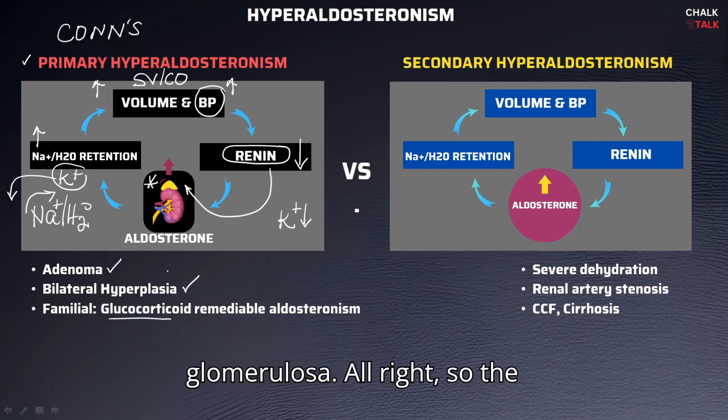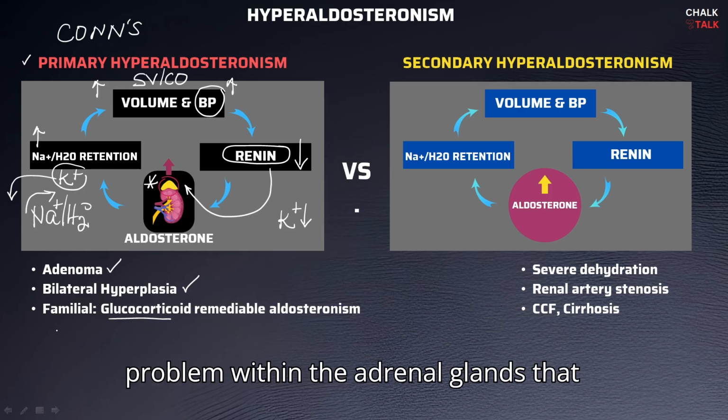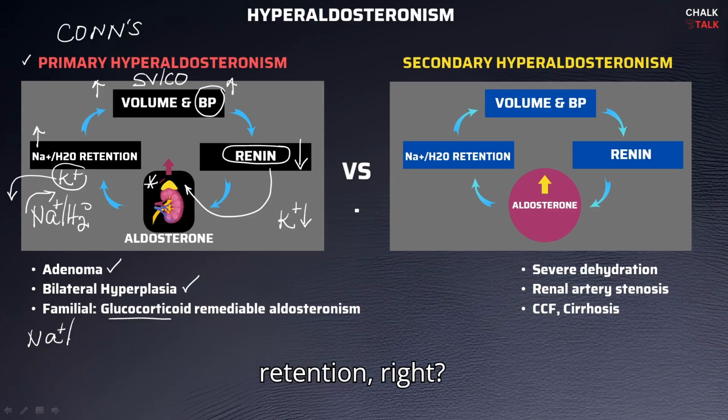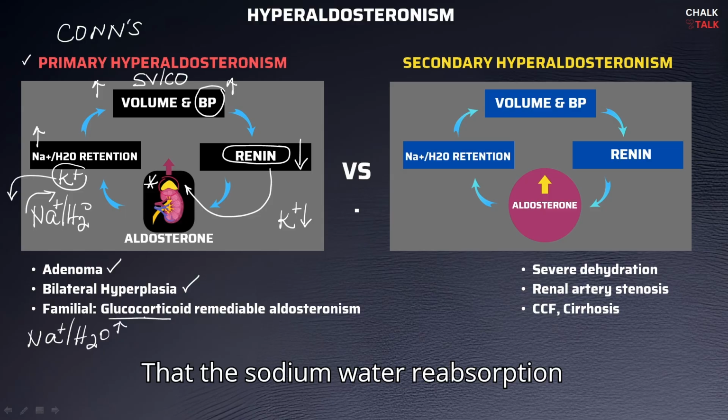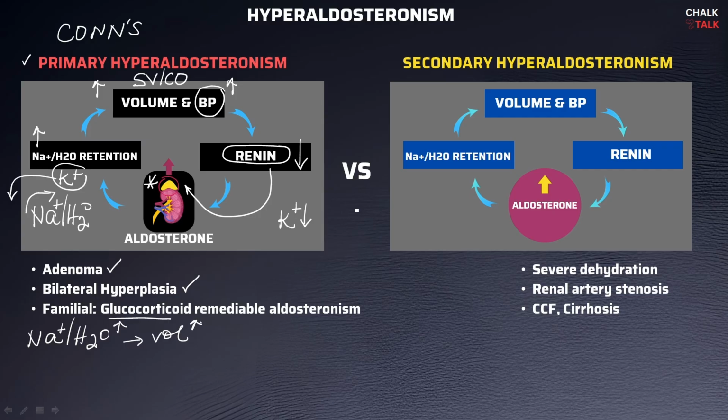All right, so the take home point is that there is a problem within the adrenal glands that can be an adenoma or a bilateral hyperplasia. It leads to sodium and water retention, right? The sodium and water reabsorption increases. This will increase the volume state. That is also an increase in the renal blood flow.